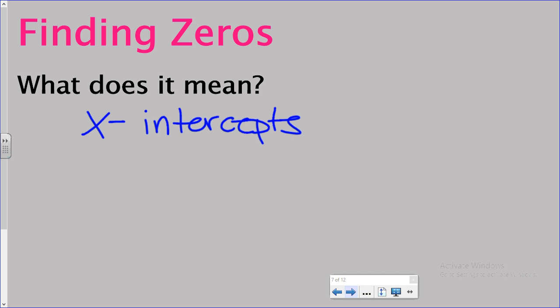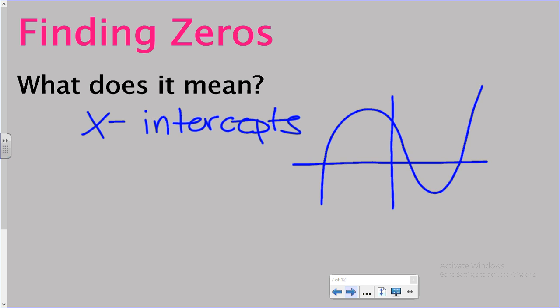When we find zeros, we are finding the places where we cross the x-axis, our x-intercepts, because what is y there? Y is 0 there. These are the x values where y is 0.